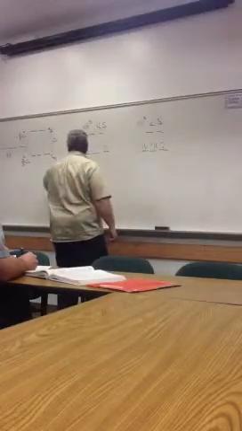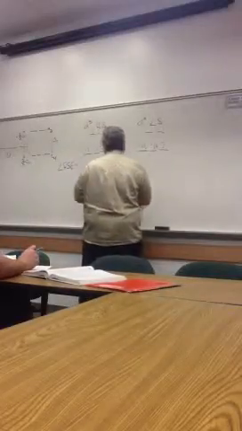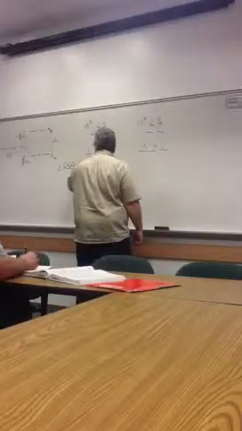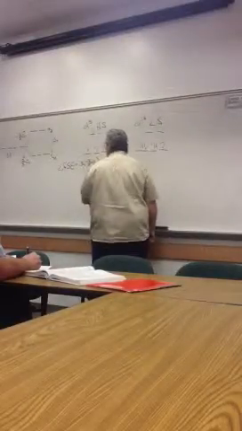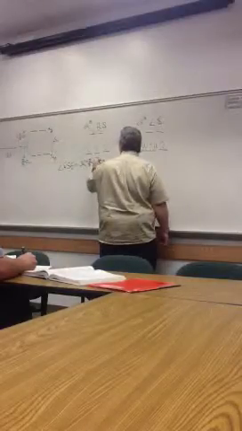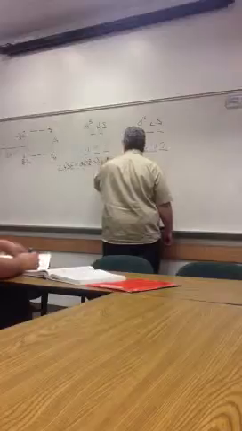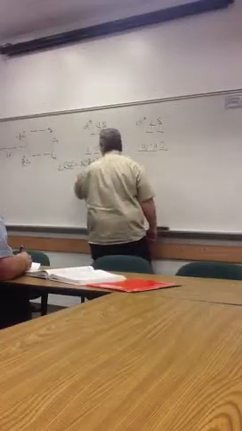So we have 3 electrons in the T2Gs, and each one of those will subtract 2/5 of the value of delta O. And we have 2 electrons in the EG set, and each one adds 3/5 of delta O.